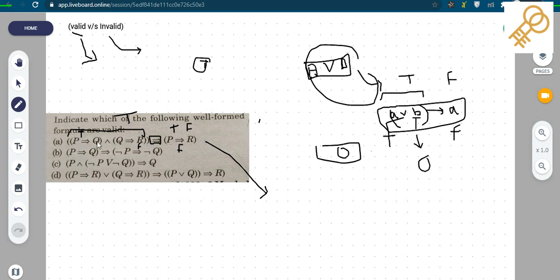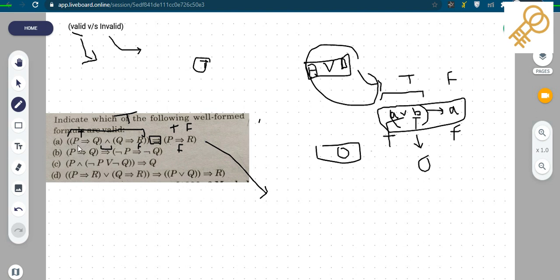One more thing you see here is the AND. To prove this true, both P implies Q and Q implies R should be true. Otherwise, it will give the false value, and in that case we are not able to prove the whole expression true. It means this whole expression will not be invalid.